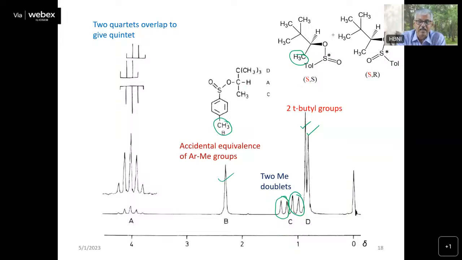Although it looks like a quintet, it should be a quartet. So there is an overlap of two quartets. You can see this is one quartet, this is another quartet, and two lines of this quartet are overlapping with the two central lines of the other quartet. So that's why it has become a quintet, which is shown clearly here.